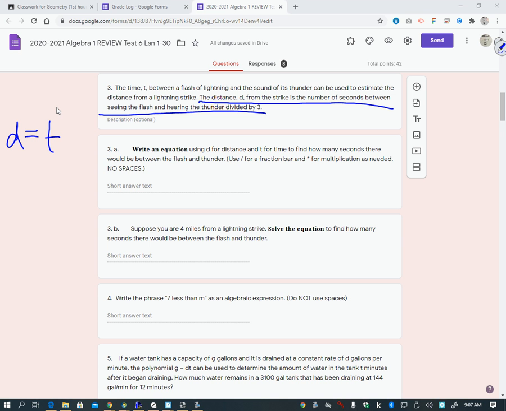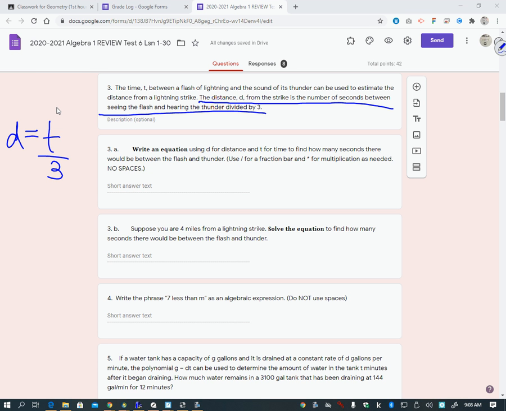Time. Is the time between seeing the flash and hearing the thunder divided by 3. So what am I doing with t? Dividing it by 3. That tells me what my equation starts out with. Now I take this equation and I use it for 3a and 3b. Does that make sense? So d equals time divided by 3.